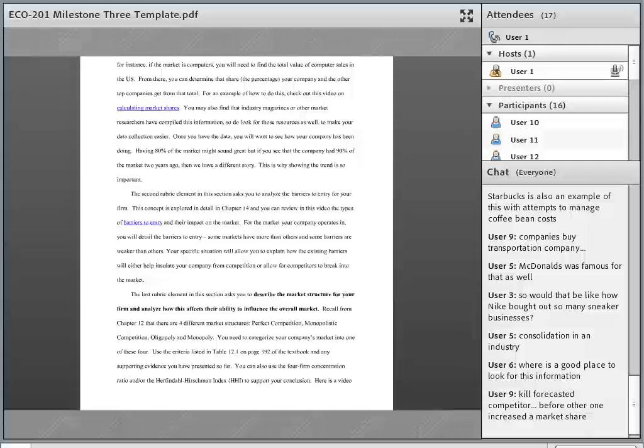Cynthia asks, where is a good place to look for this information? So Cynthia, a lot of times companies discuss these things in their annual reports, believe it or not. Especially if they're growing in their market share, they're doing this analysis on themselves.